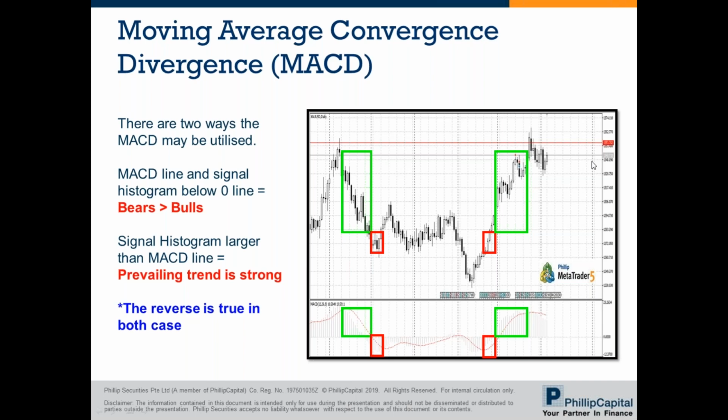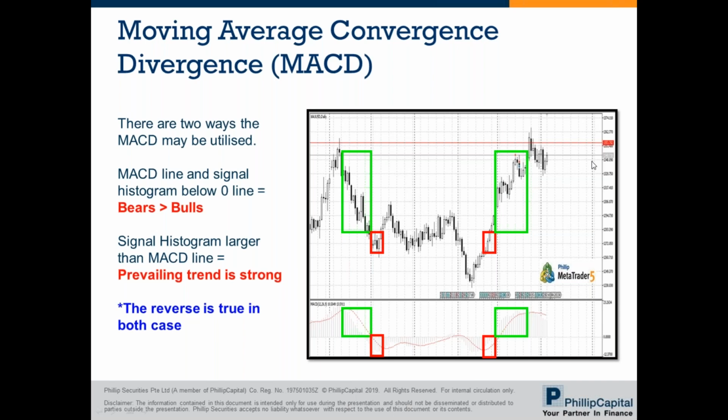So let me just illustrate to you the conditions. I bring your attention to the first red rectangle on the left. What you can observe is that in the MACD indicator, both the MACD line as well as the signal histogram are below the zero level, and you can tell that prices are moving down, right?